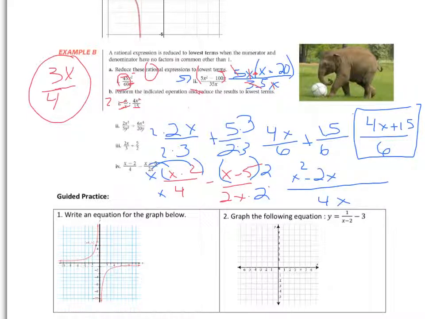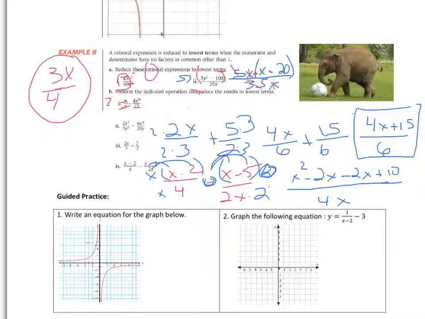And then be careful because there's a minus here and a 2. So negative 2 distributed to x is negative 2x. And then a negative 2 times negative 5 is a positive 10. So make sure this 2 and this negative both get distributed to the x and the 5. And then I can just combine like terms.